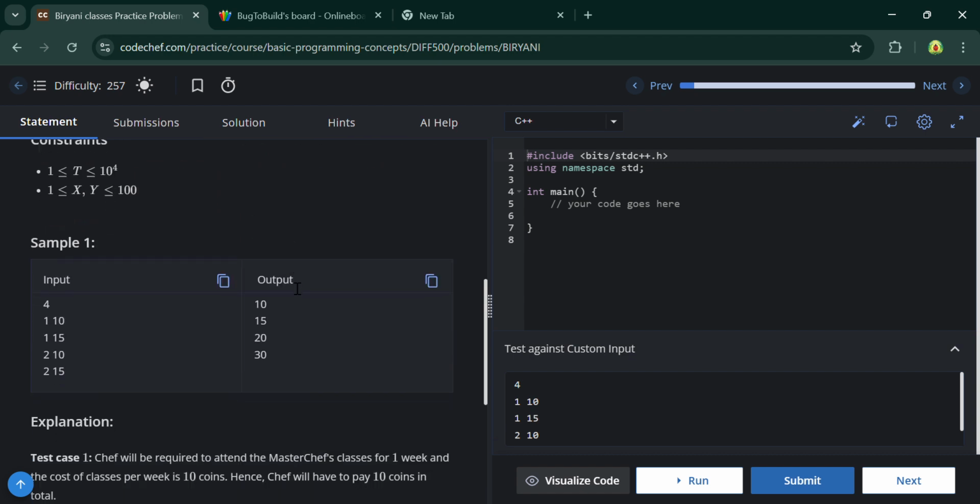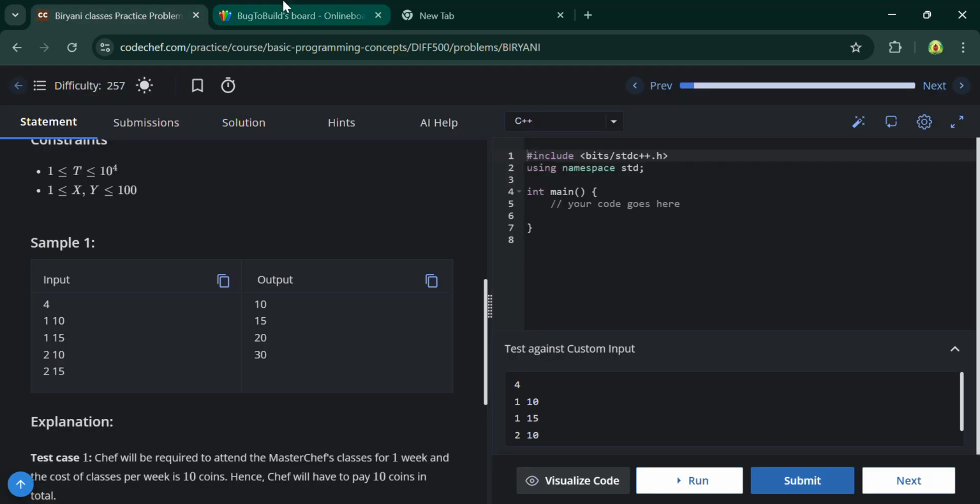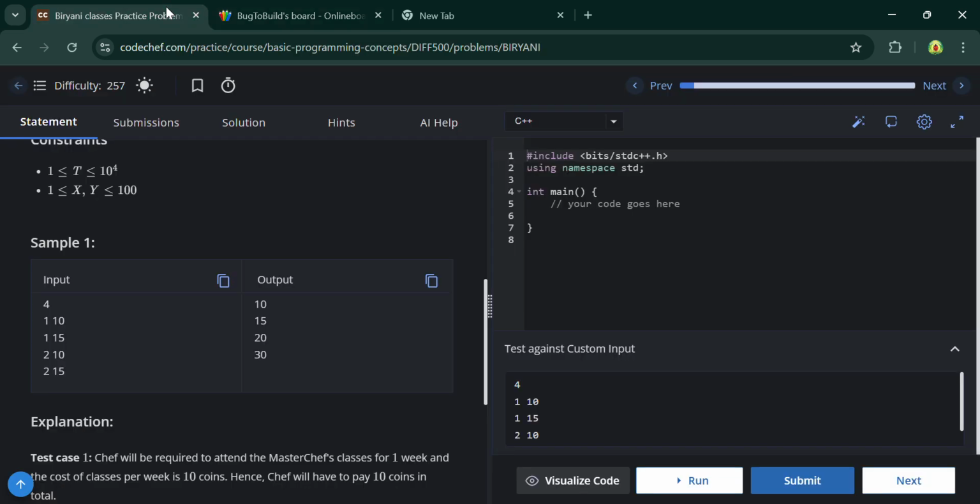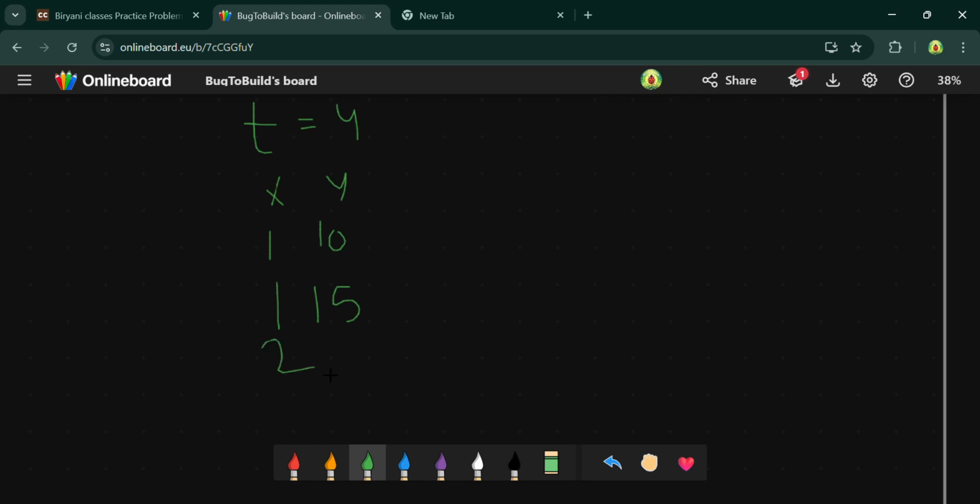Okay, so let's suppose the number of test cases T equals 4, and X, Y are 1 and 10, then 1 and 15, then 2 and 10, and 2 and 15.